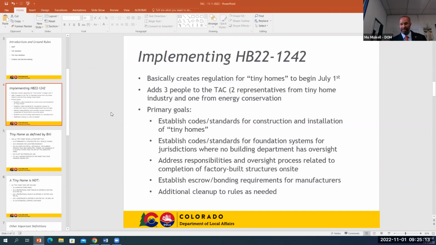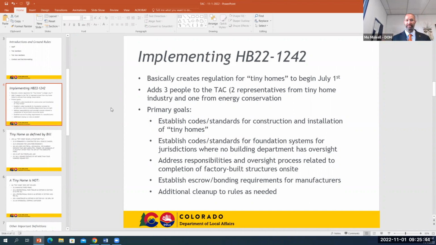Now, Eric did an excellent job of setting the table, if you will, for the background for the tiny home bill. Just to recap a few things, I like to describe this bill as the missing middle. We're not going to get into HUD manufactured homes. But with what we can regulate as a state body, and what is causing confusion and why this bill was necessary, we've got a spectrum here.